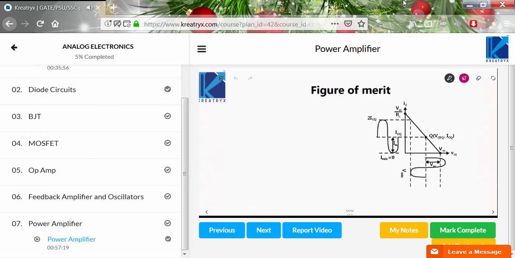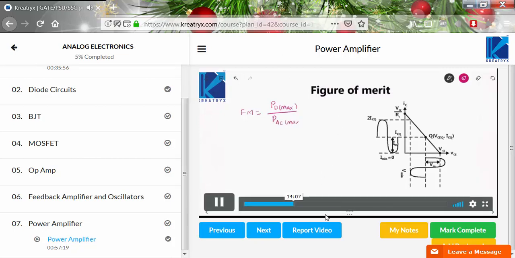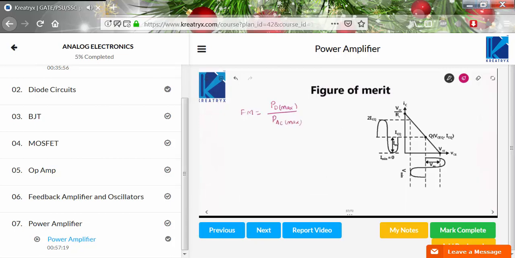Next, figure of merit. One more measurement of power amplifiers. Figure of merit is a ratio of P_D max by P_AC max. Actually in case of an amplifier, the DC power drawn from the supply is utilized in 3 ways.